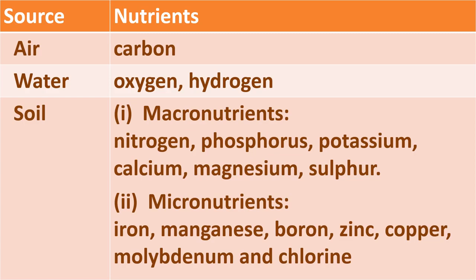And next is soil. 6 macronutrients are supplied by soil, and 7 micronutrients are also supplied through soil. So now how many are there in total? Total gives 16 essential nutrients which are required by the plants. This table is given in your NCERT book also. You can draw this.